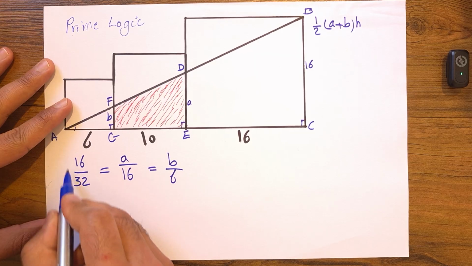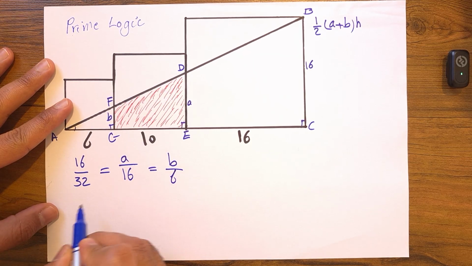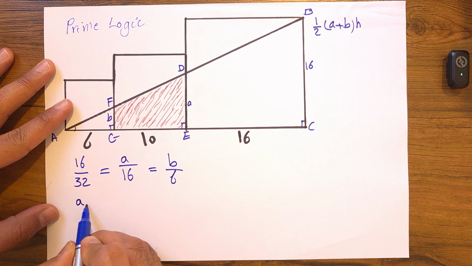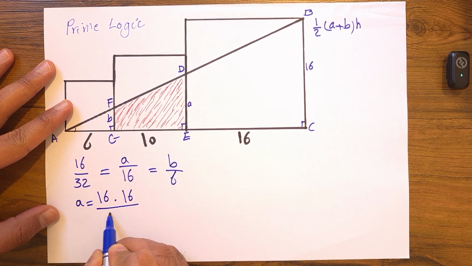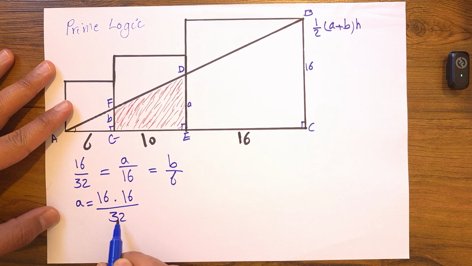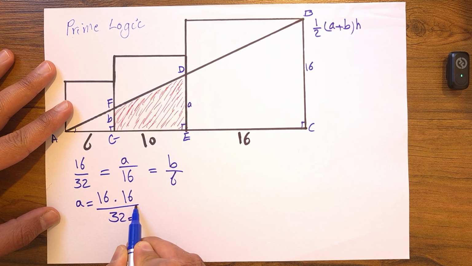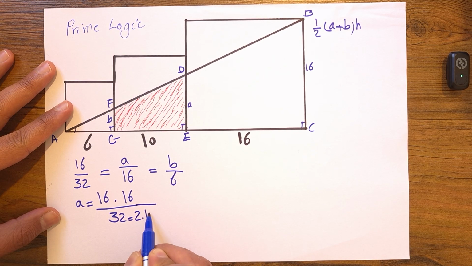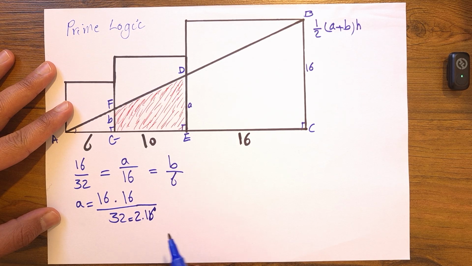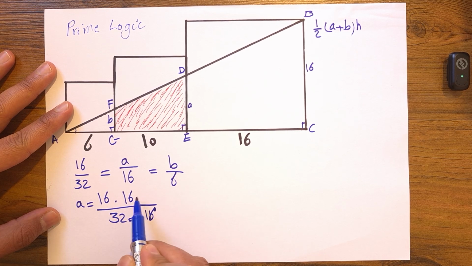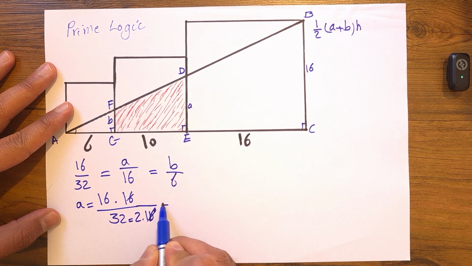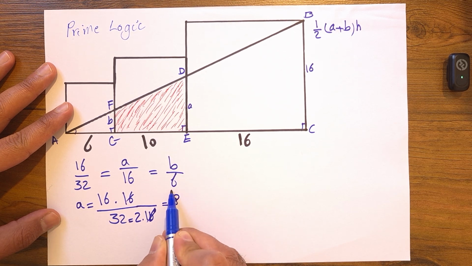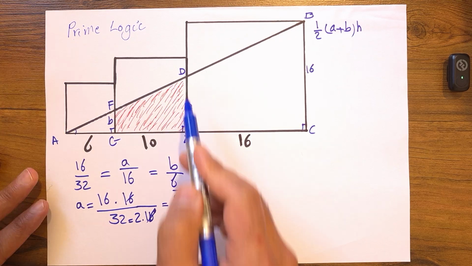From the first equation, A equals 16 times 16 over 32. 32 is 2 times 16, so we can cancel one of the 16s, and 16 over 2 is 8. So A is 8. Let's put a box around it.